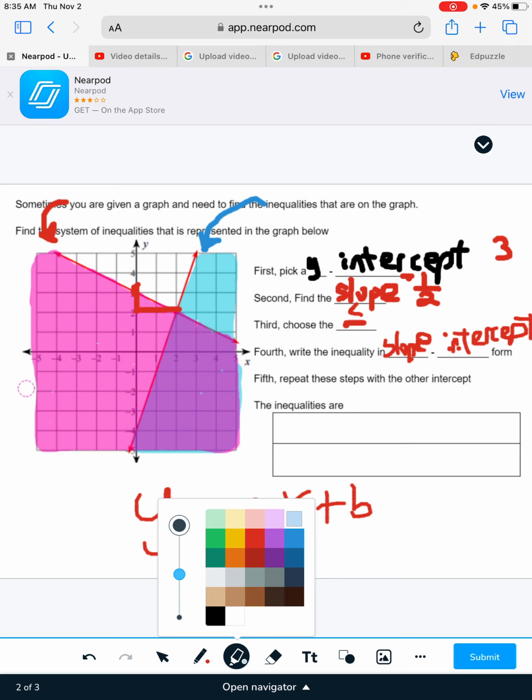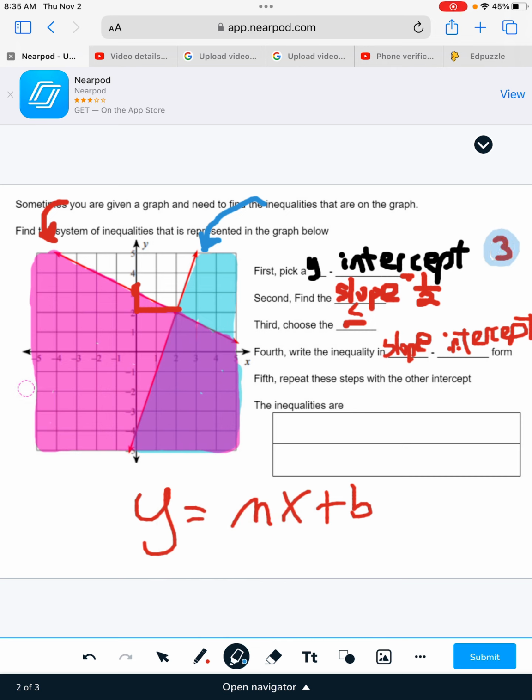For example, I'm going to take my 3, that's my y-intercept, and put it in over b, because the b stands for the y-intercept. It's where the graph actually begins. And since it is a positive 3, the plus 3 comes in here.